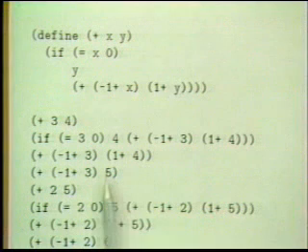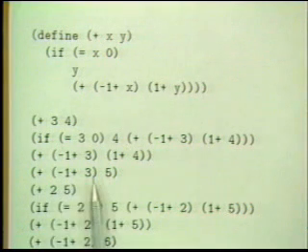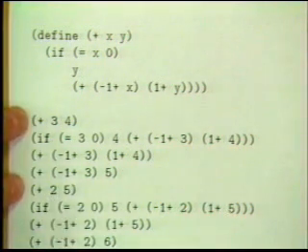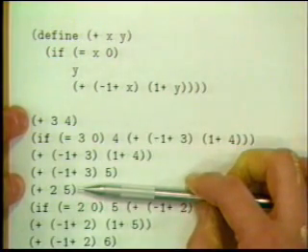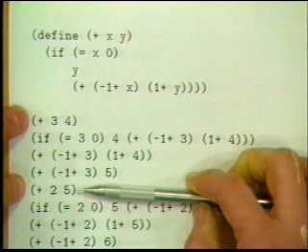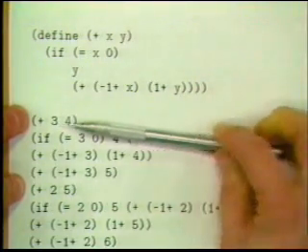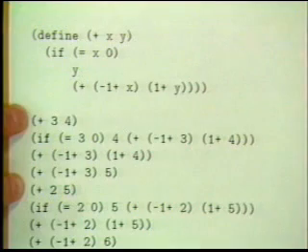Continuing with my evaluation, the increment I presume to be primitive, and so I get a 5 there. Okay, and then the decrement is also primitive, and I get a 2. And so I've changed the problem into a simpler problem: instead of adding 3 to 4, I'm adding 2 to 5. The reason why this is a simpler problem is because I'm counting down on x, and eventually x will be 0. So much for the substitution rule.